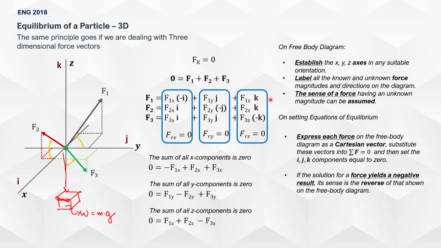I'm just going to read this out. On the free body diagram, you just establish your x, y, z axes just like so. You need to show where they are and label them accordingly. Then the sense of a force having an unknown magnitude can be assumed, so you just label them appropriately. For example, for F1, you can write them down along the axis, or you can simply project it.